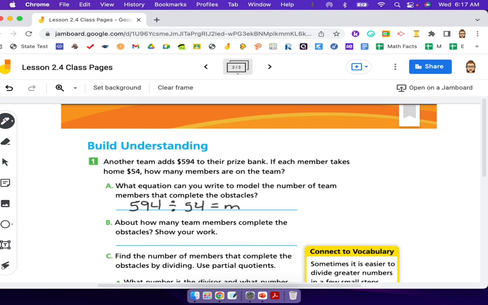So about how many team members complete the obstacle? Show your work. Well, I am going to take 594 and make it 600, and I'm going to make this 50.